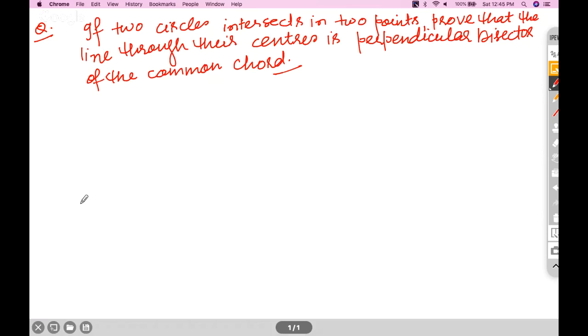Anchita, in the previous question, you are not supposed to prove that AD bisects angle BC. You are supposed to prove that the angular bisector of angle BAC passes through the center. It was already given that it is an angle bisector, so I assume angle BAM is equal to angle CAM.